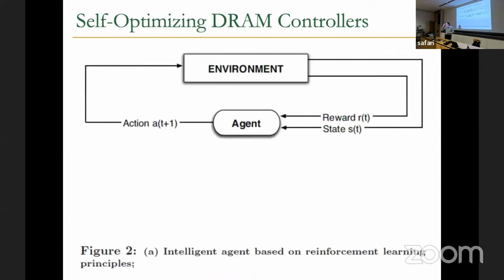So what is reinforcement learning? Essentially, in its general form, a reinforcement learning agent interacts with its environment by taking actions. And after taking actions, it observes a reward based on that action. And that reward function needs to be designed. How many people know about Pavlov's dogs? Okay, some people. This is the basics of reinforcement learning, psychology, right?